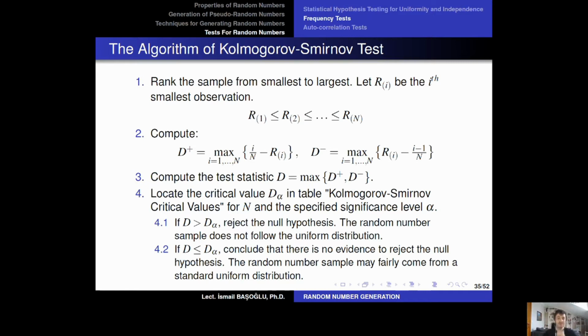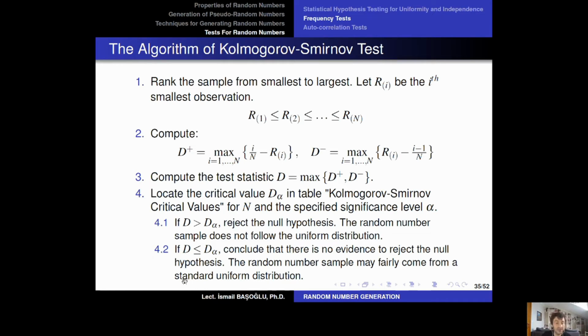table. And of course, we need to identify a critical d alpha value for a specified sample size capital N and for a specified significance level alpha. And then if the maximum absolute difference between both CDFs, D, is greater than this critical value, in that case, this difference would be assumed as a significant difference, and we reject the null hypothesis and say that there is enough evidence to say that the sample does not follow the uniform distribution.